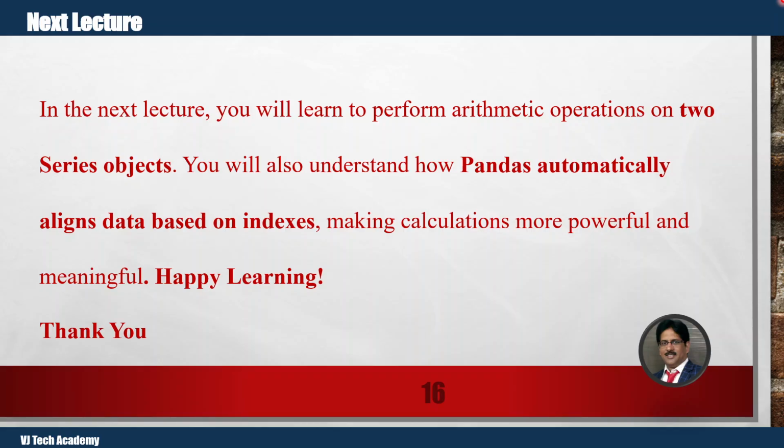We will also learn one of the most interesting features of pandas, that is automatic index alignment, where pandas matches data based on index label before performing the calculation. What does it mean? That whatever calculations will be done, every calculation will be based on index. After matching the index, calculations will be done. I hope today's lecture was useful for you.